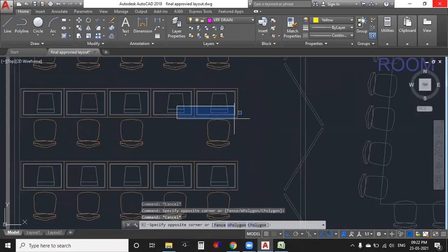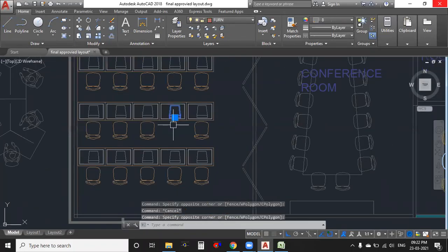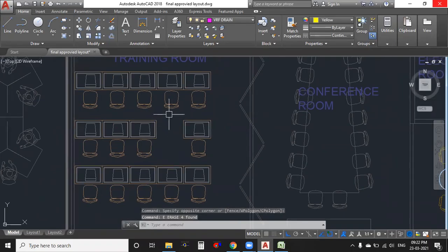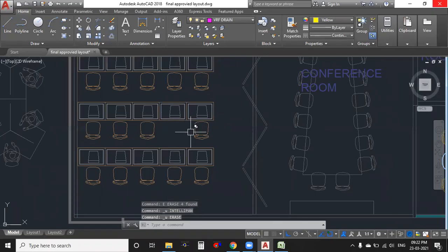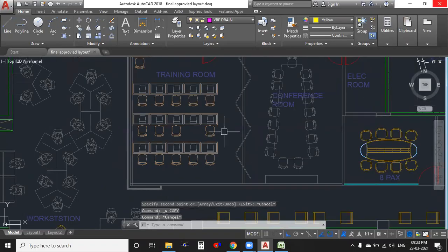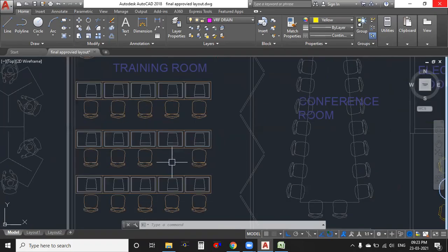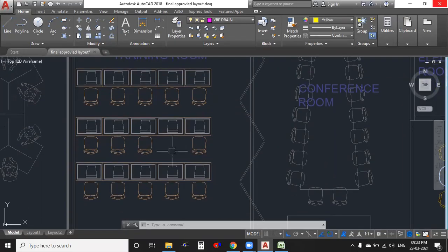We don't know whether a system is there or not. Maybe they left this space for people's entry, or maybe they did not make a chair here. We don't know. For these small things, whenever we are doing heat load calculation, we have to calculate the number of people. Here we don't have one chair. Maybe that chair is also not there, or they unfortunately missed it.